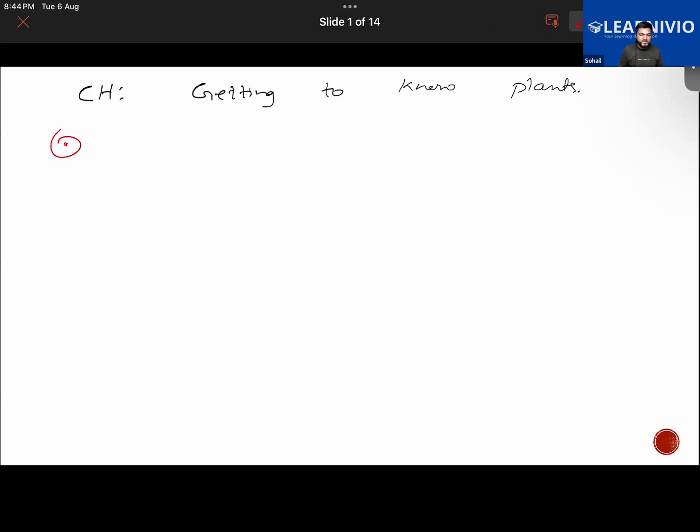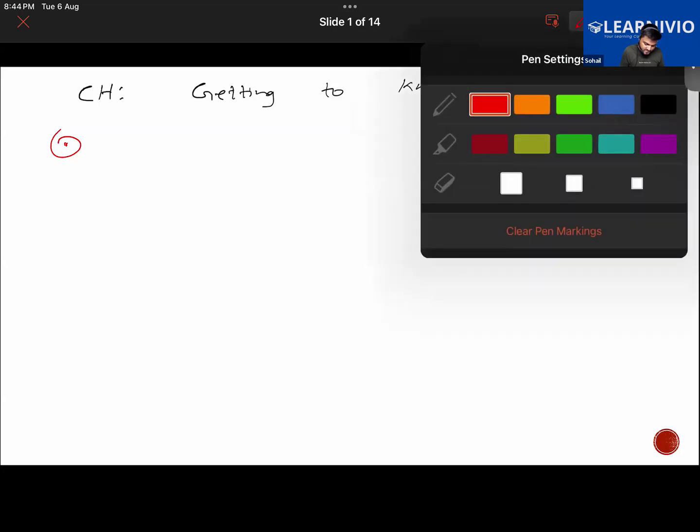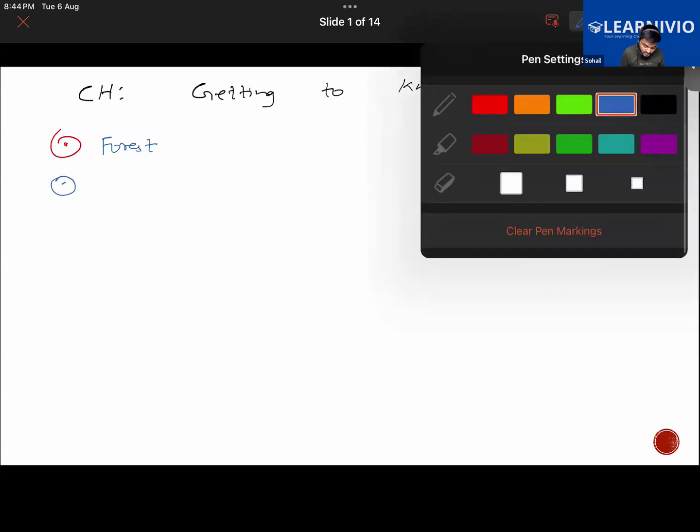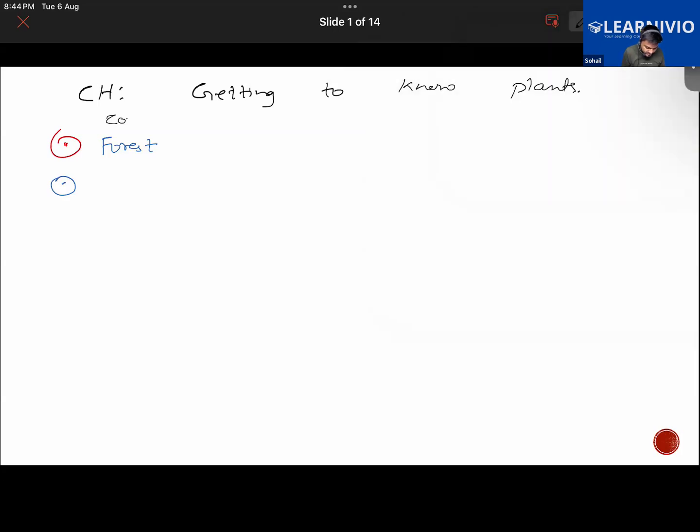First of all, we will learn about basic things, like what is a forest. Next, give another topic, content, and write down the following things which I'm writing.